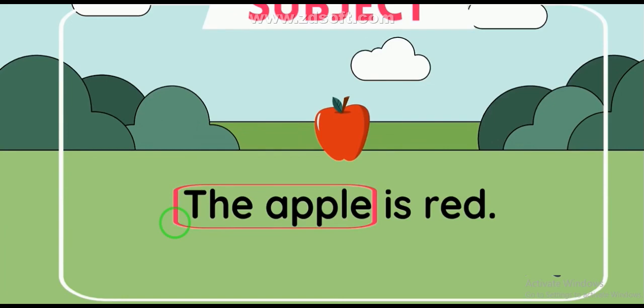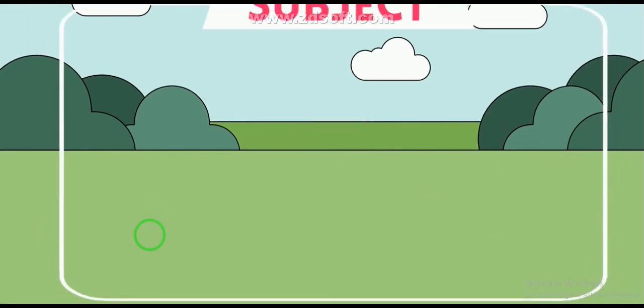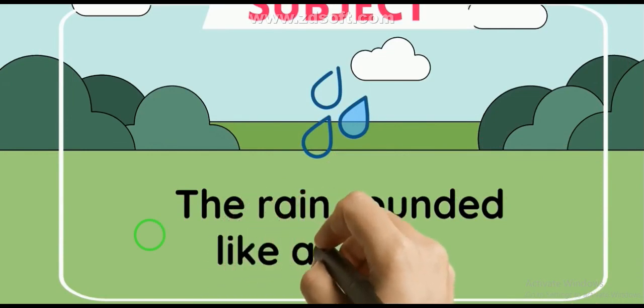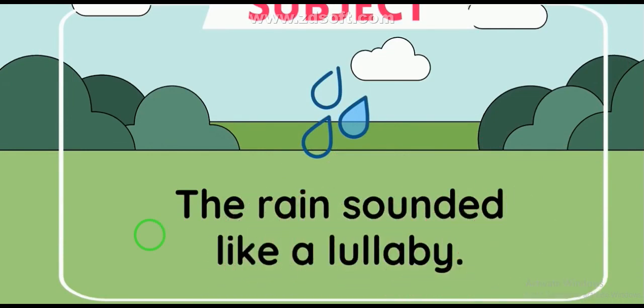The apple is the subject because this sentence is about the apple. Let's try one more. The rain sounded like a lullaby. What's the subject here? Good job! The sentence is about the rain, so the rain is the subject.